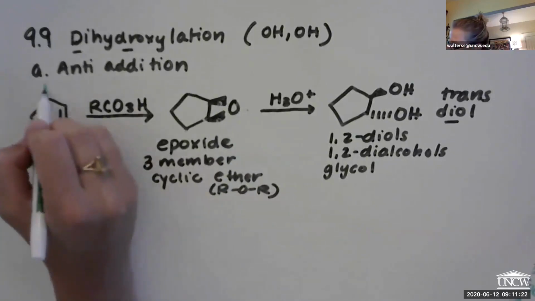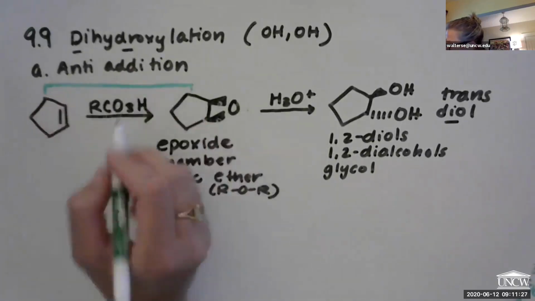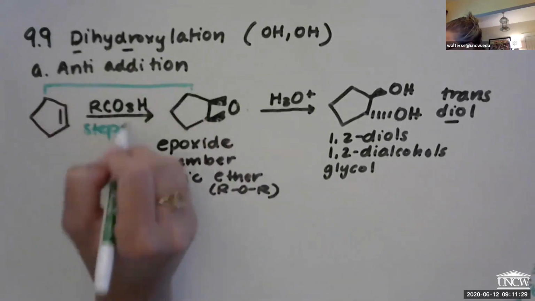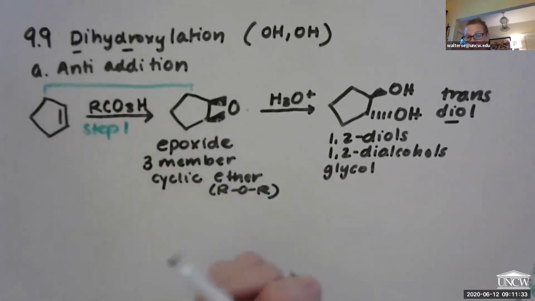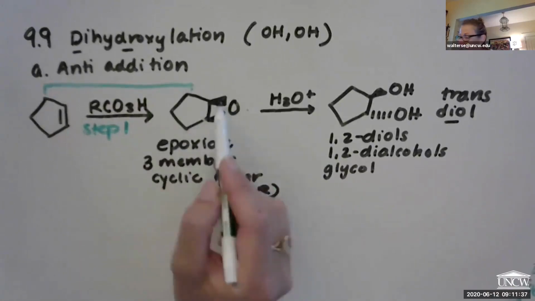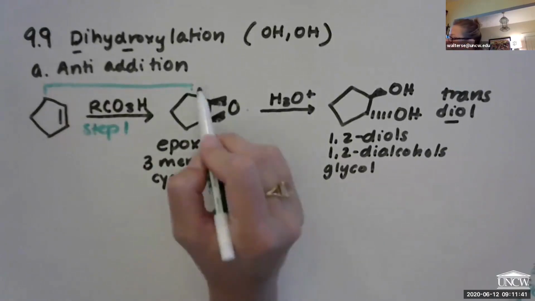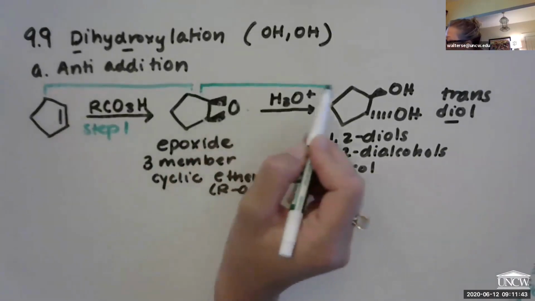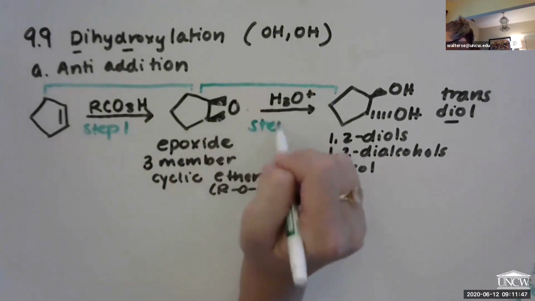This part from here to here, step 1, forms the epoxide, which is stable. Epoxides are stable, so you could isolate this and store it, and you will not form the diol unless you do step 2 as a separate chemical step.